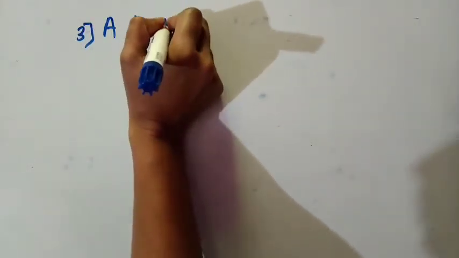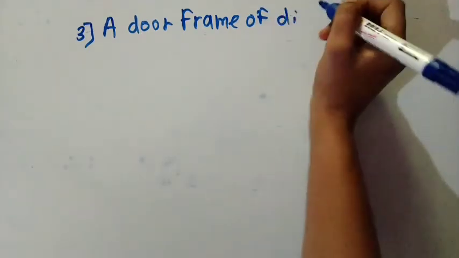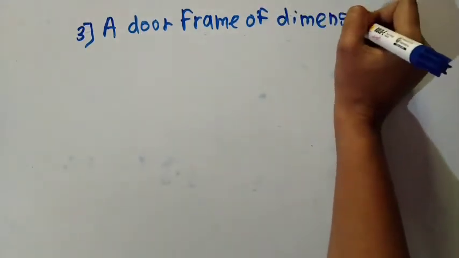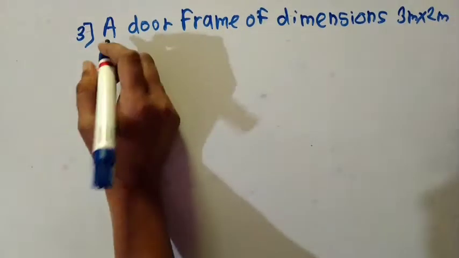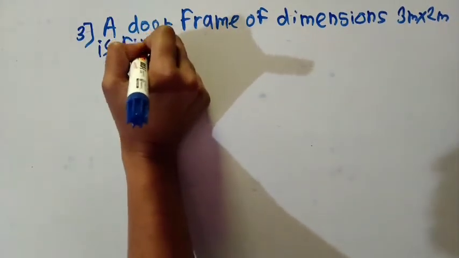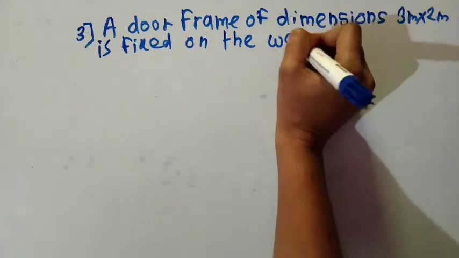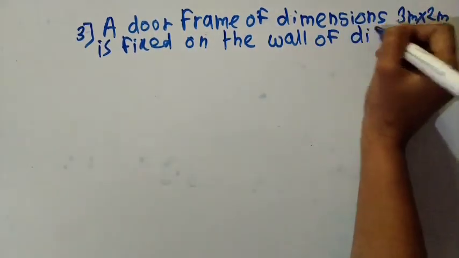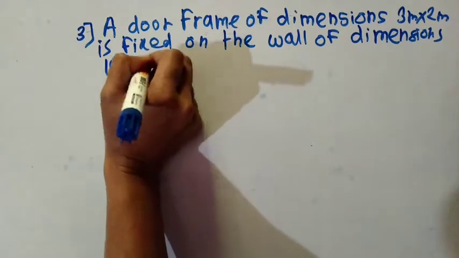Then we give third example. A door frame of dimensions 3 meter into 2 meter is fixed on the wall of dimension 10 meter into 10 meter.